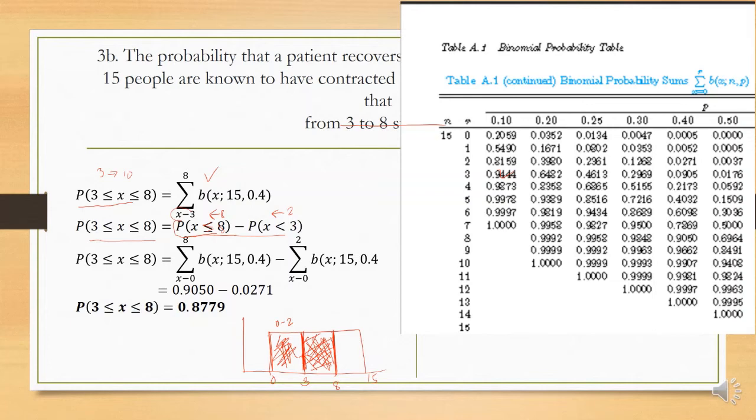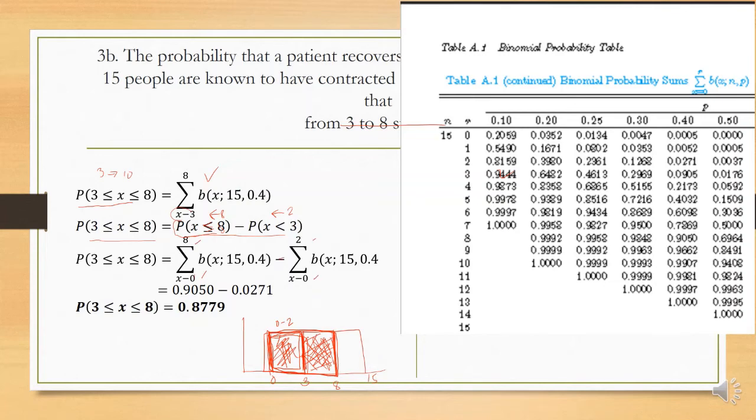So, ang ginawa natin ngayon, etong part na ito, buo yan, 0 to 8 ito, ima-minus natin yung area na to which is less than 3. Kaya meron tayong from 0 to 8 minus 0 to 2. I hope you get that, ano?